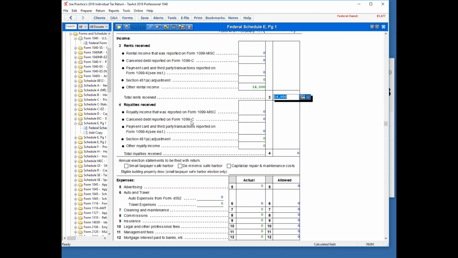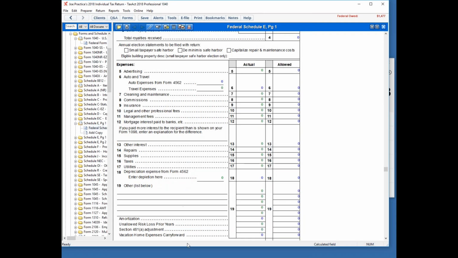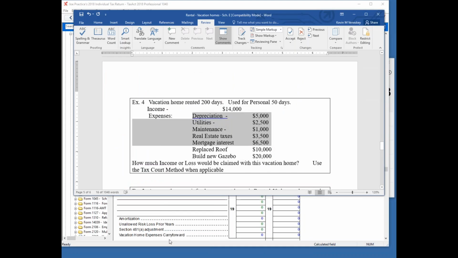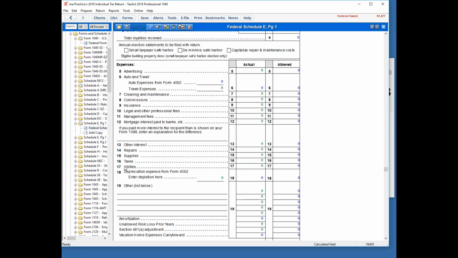Now we're going to come down into the expenses and see how these are looked at. So let's do the utilities. That's one that comes up pretty fast here. Utilities, 2,500. We put it in here in the actual, and then notice what it does in the allowed. It takes it by that 80%. So what we had already done on paper, it does automatically for us here.